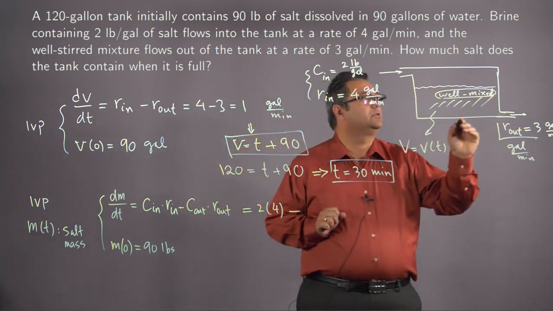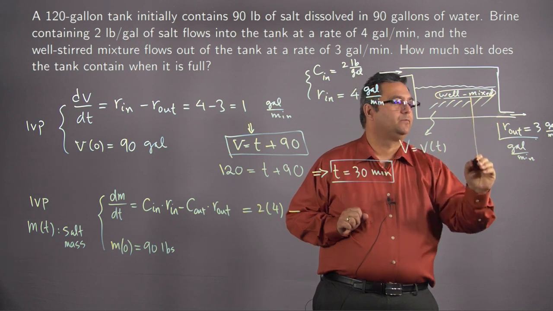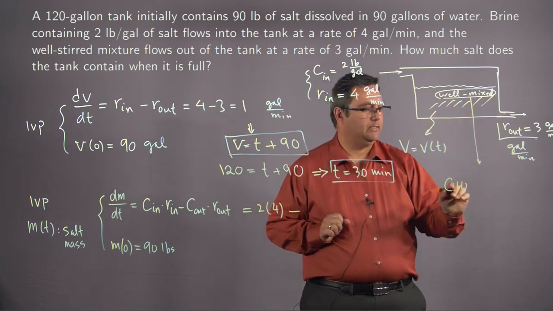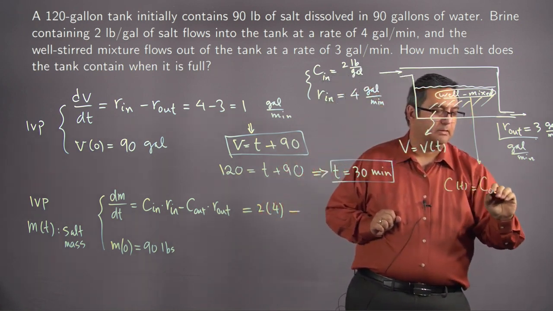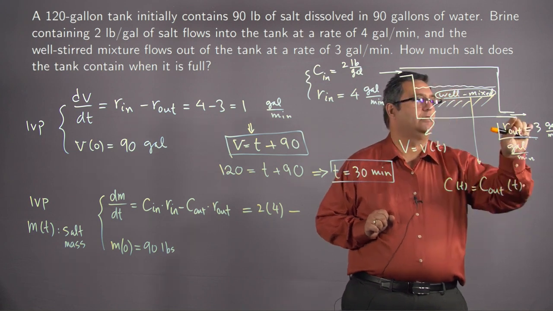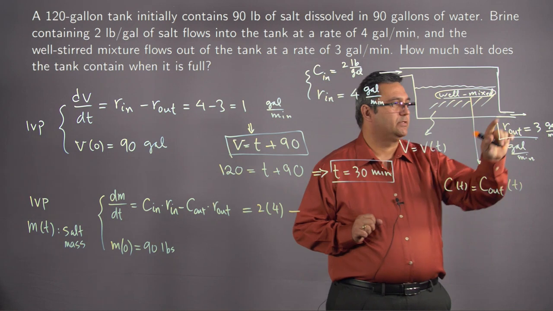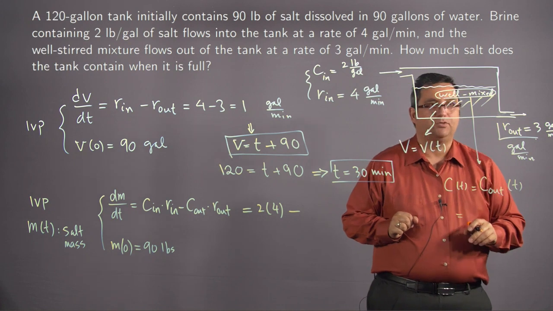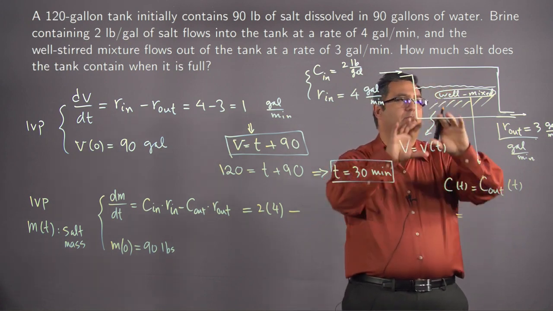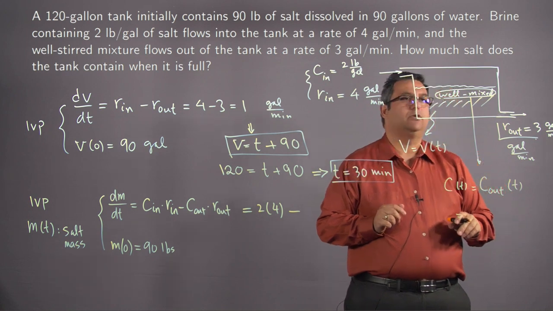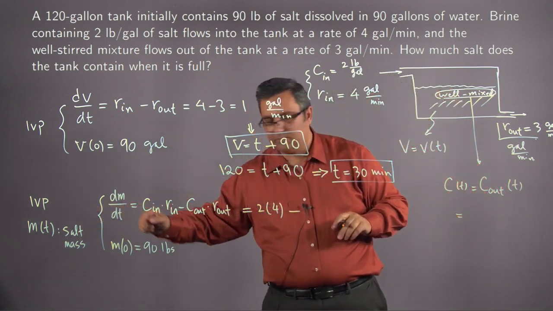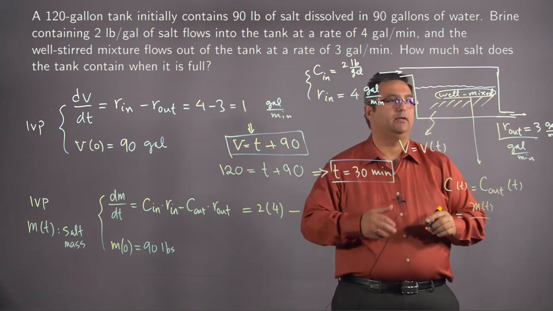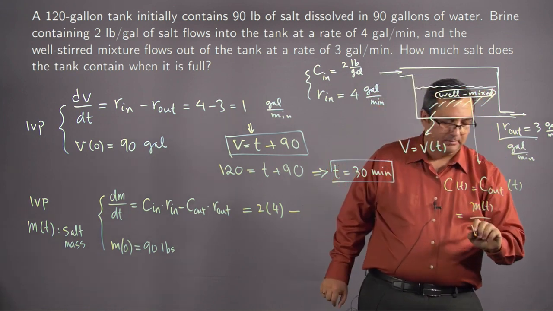The well mixing condition tells me that the concentration of the mix in the tank is the same as C out, the concentration of the flow exiting the tank, and that is equal, by definition, because it's just a uniform distribution of salt inside this brine solution, to the salt mass m of t at time t, divided by the instantaneous volume of that mixture.